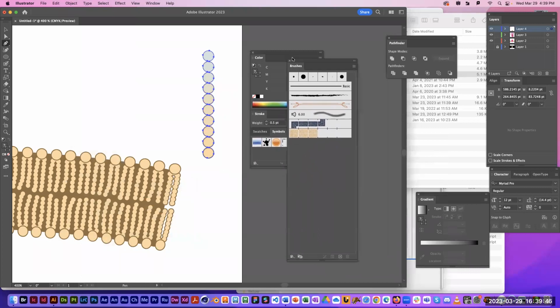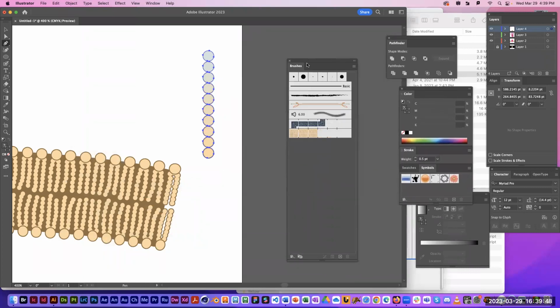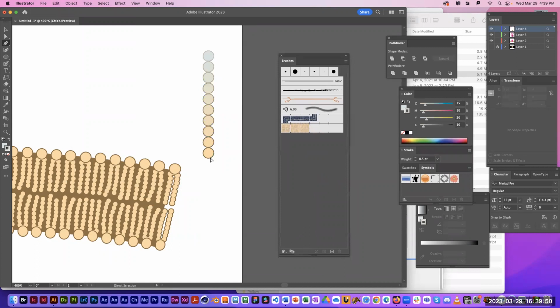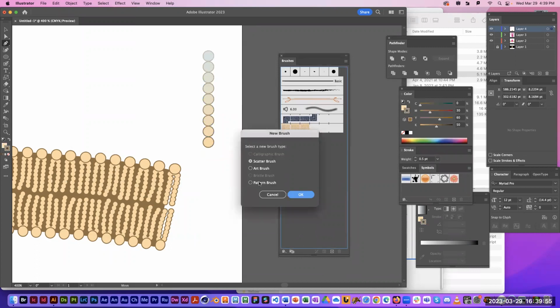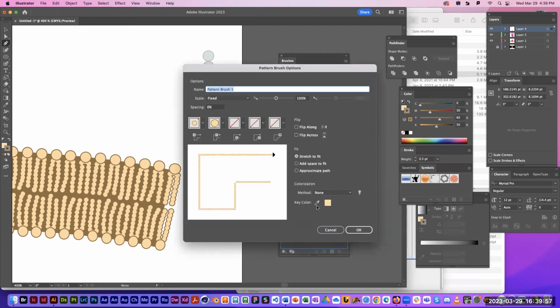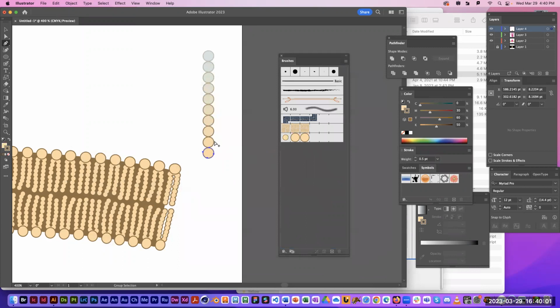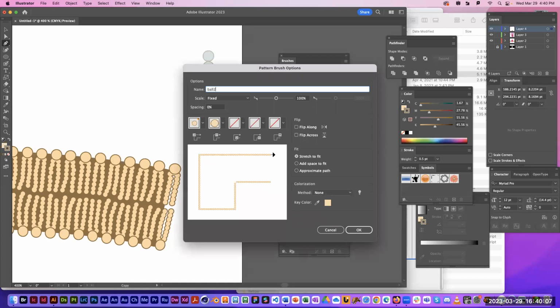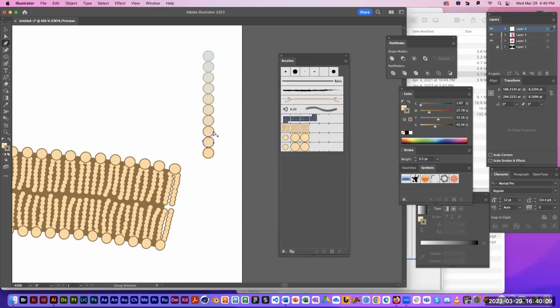And I can then drag each of these individually into my brushes palette. So this is going to be all one. Ball 2.